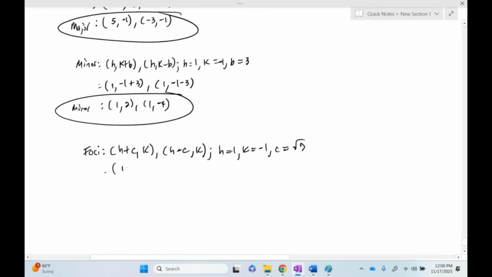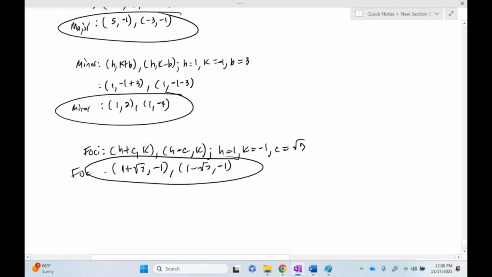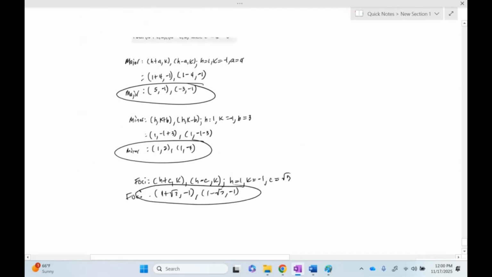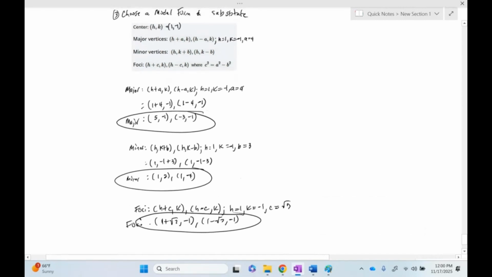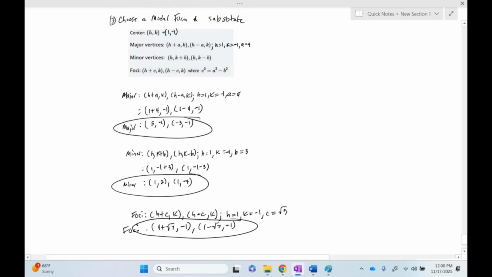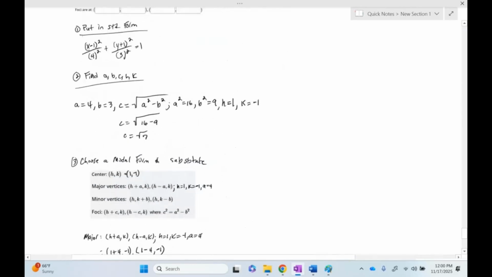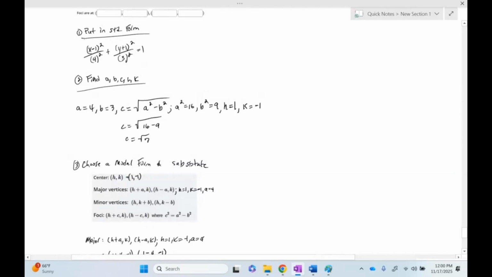We have (1 plus the square root of 7, -1) and (1 minus the square root of 7, -1). I believe those would be the foci points. All right, any questions? Once you put it in standard form, find A, B, C, H, and K, choose the right model form, and it's just a matter of substitution.